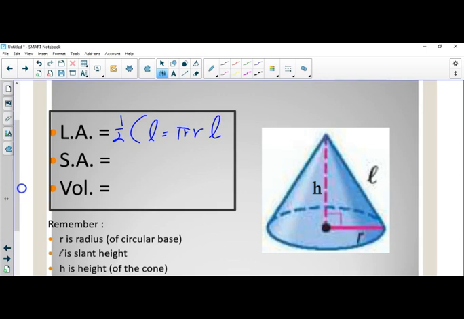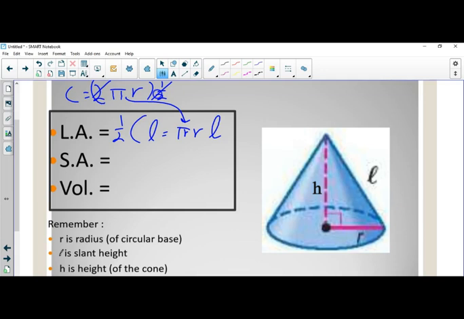Now, why is that? Circumference is equal to 2 times pi times r. Right? Okay. Well, the formula says 1/2 of c. So if we multiply this by 1/2, that would cancel the 2, and we have our pi r.